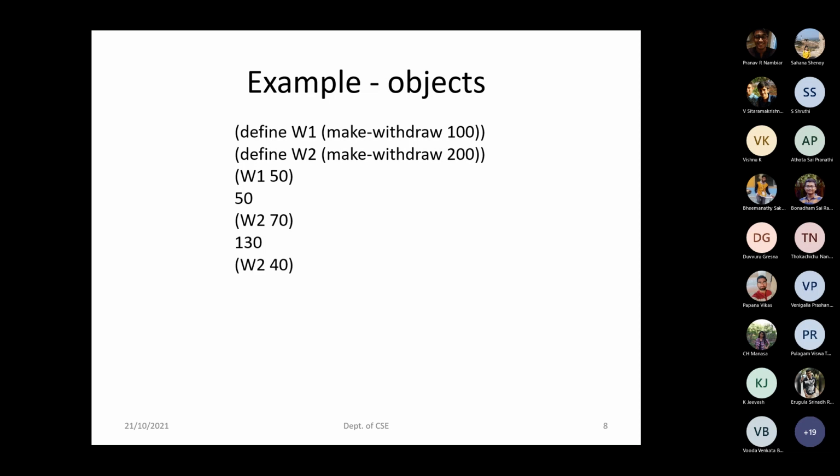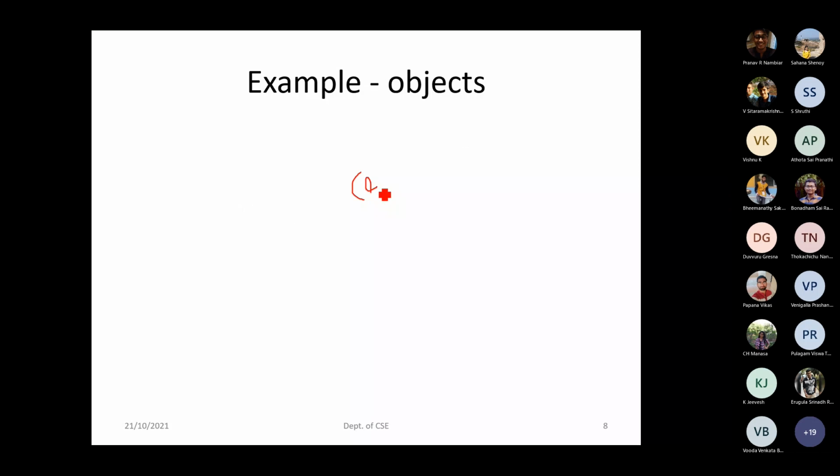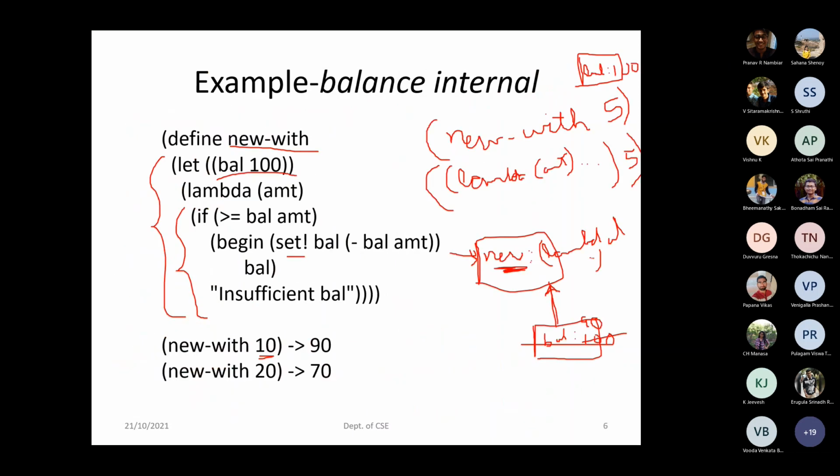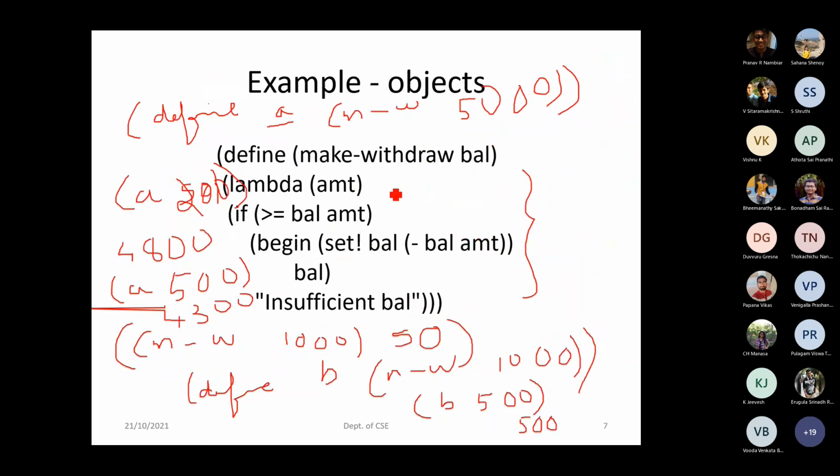Yes, ma'am. I know the concept, but I don't know how to call the withdraw function. We call the withdraw function with the same name itself. Now see, when we say W1, what is happening? Balance is set to 100 and your name W1 will have that complete procedure.